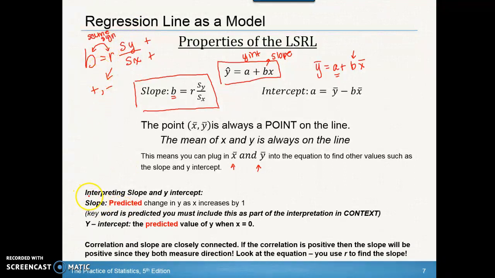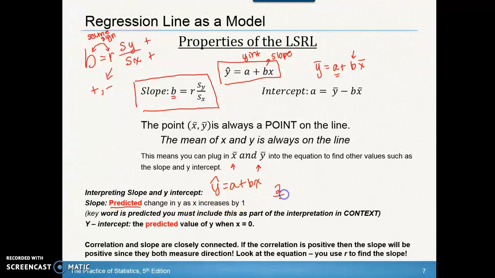All right, so you're going to have to be able to interpret the slope and your y-intercept in the equation y hat equals a plus bx. So let's do a refresher of what slope means. Slope is the predicted change in y as x increases by 1.